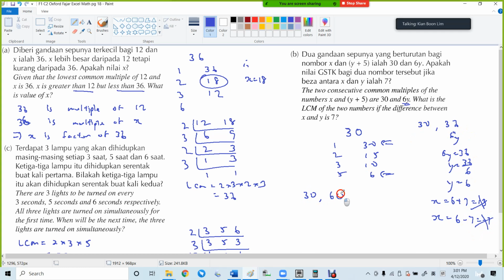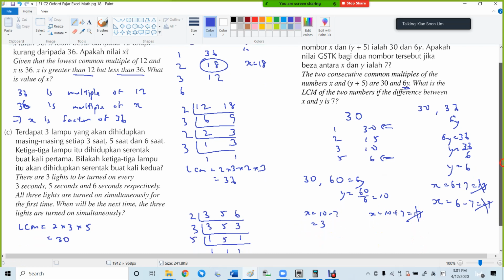Then the next one is 60. So 60 is equal to 6y, then y equals 60 over 6, 10. So I have y equal to 10, then x equals 10 minus 7, or x equals 10 plus 7. 10 plus 7, 17, cannot. So this will be 3. So x equals 3.